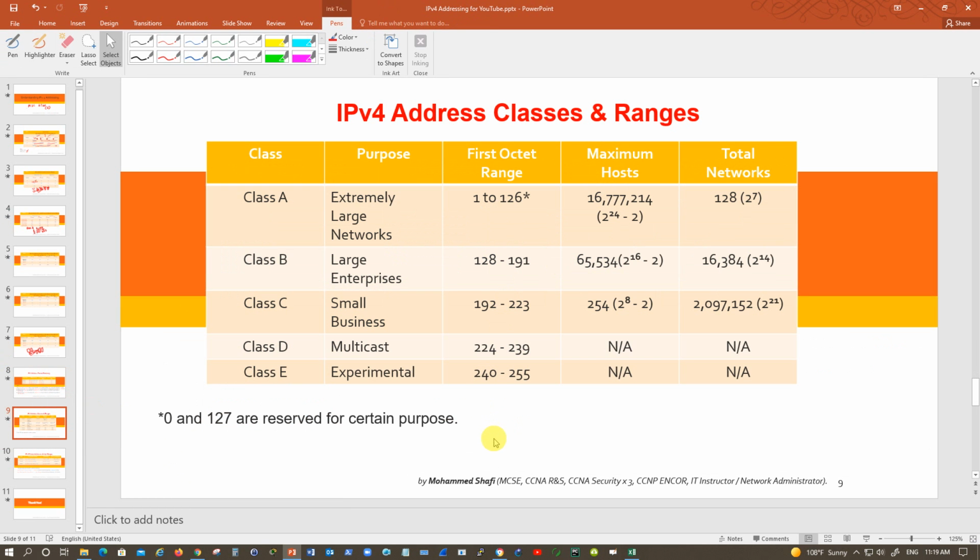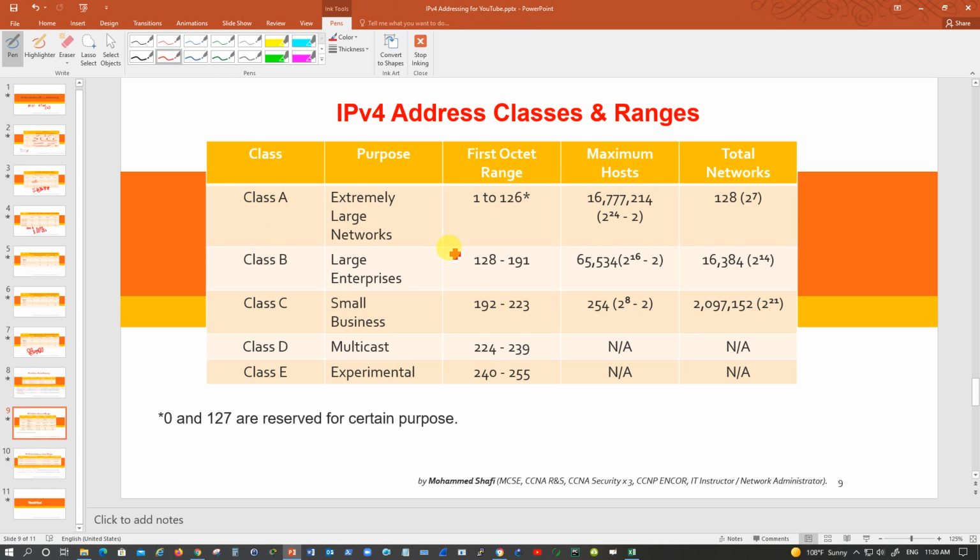As far as the range is concerned, I did not include 0 here, because this is the valid range for class A networks. They are for extremely large networks. Unfortunately, you have just 126 class A networks, each one supporting more than 16 million computers in a single network. The addresses begin from 1 to 126.